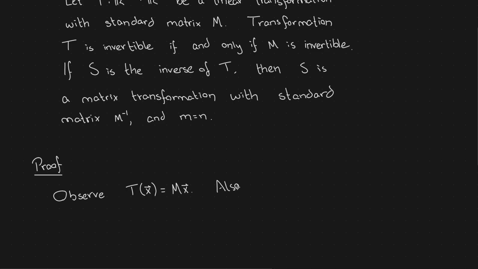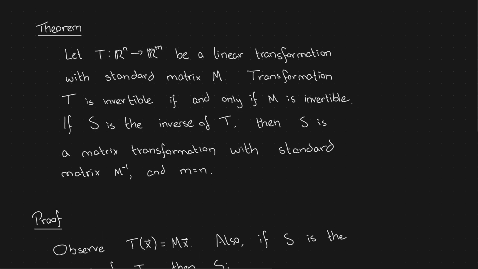Also, if S is the inverse of T, then S is going to map Rm to Rn, right? T takes Rn to Rm, S takes it right back.